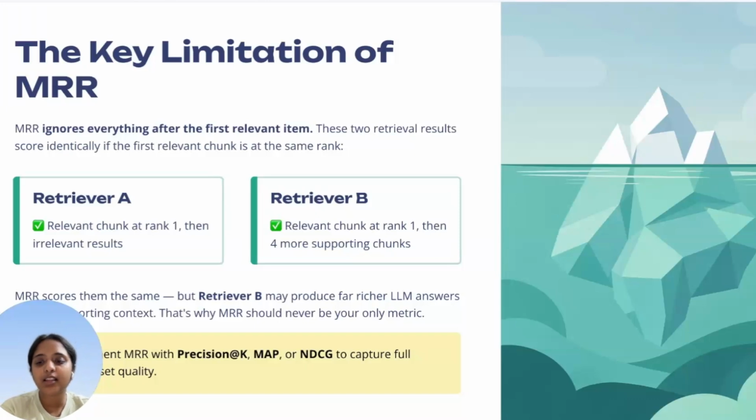Whereas in the other case, the first document is the leave policy itself, and the second and third are security policy, then parking policy, or something like that. Both would have rank 1, but MRR does not tell us which is better. Of course, the second one has more relevant chunks. So we are going to learn about more metrics that decide the context and relevancy in future videos.